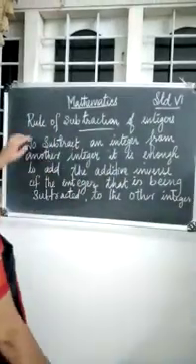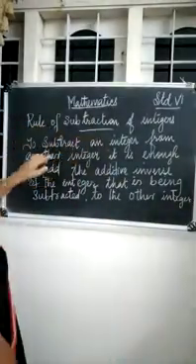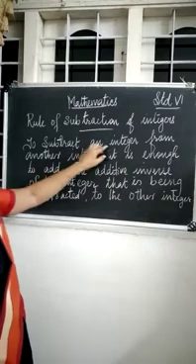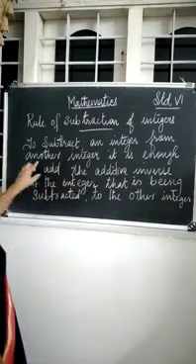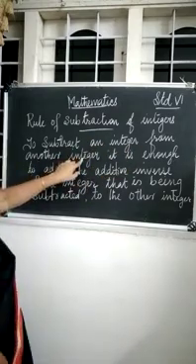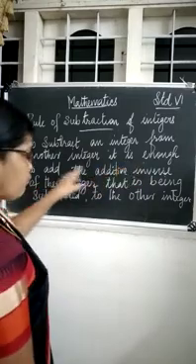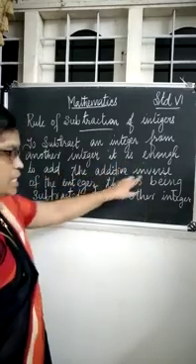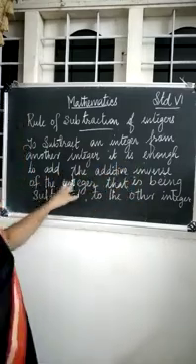The rule of subtraction of integers is, to subtract an integer from a given integer, it is enough to add the additive inverse of the integer that is being subtracted.